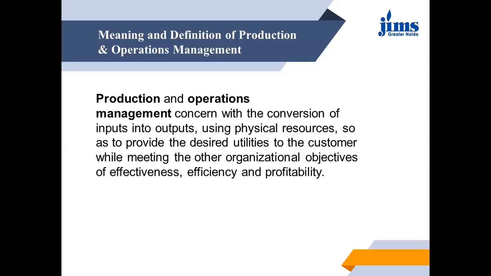All of them are involved in the conversion of inputs into outputs. Third aspect, to provide desired utilities to the customer. When I talk about desired utilities, I mainly talk about goods and services that are produced as output and as the end result of the process of production and operations.